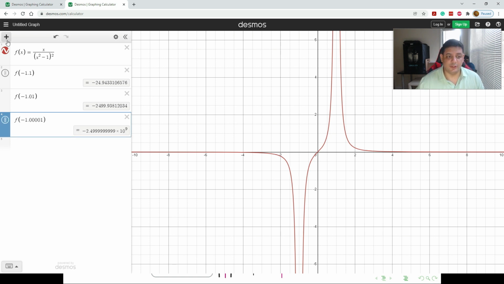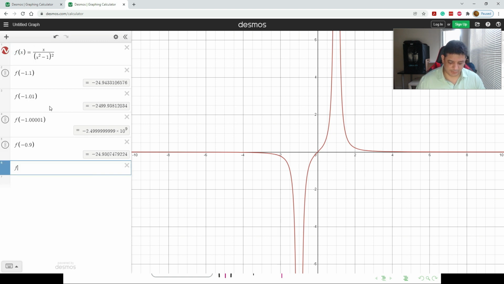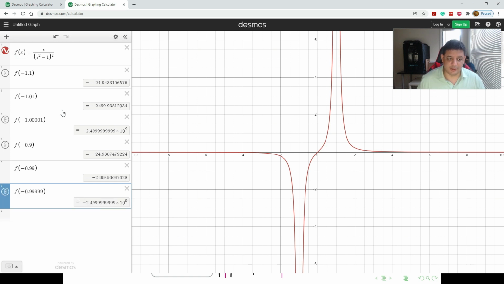And so you can see the same behavior as before, the only difference now is that the sign is negative. So we can see that that's going to minus infinity.